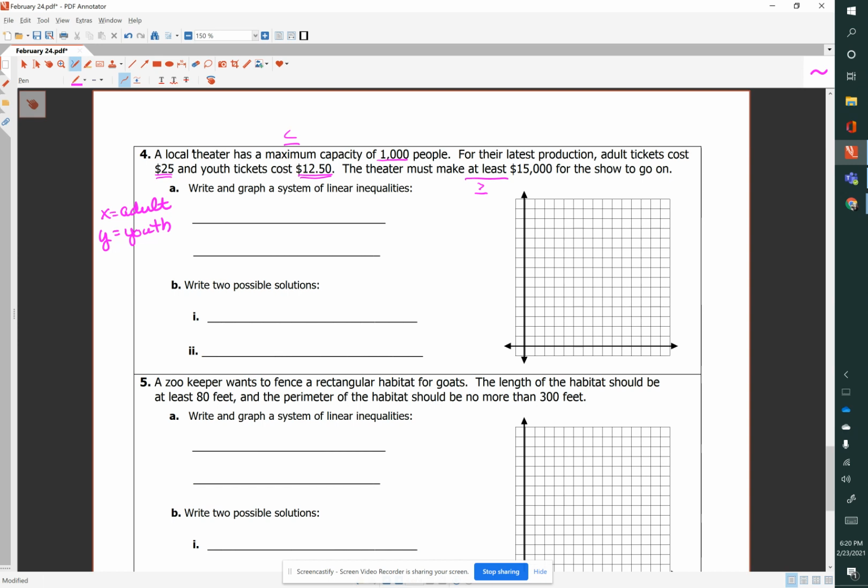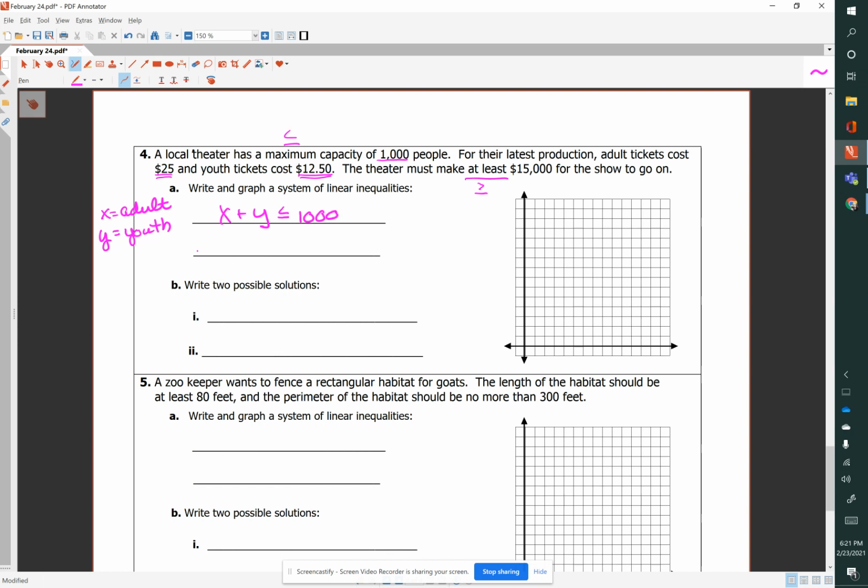Okay, so she can sell no more than 1,000 tickets because she only has 1,000 seats. So X plus Y must be less than or equal to 1,000 because that's the maximum capacity.